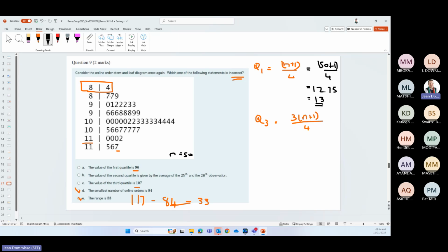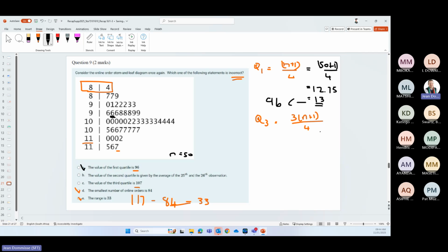So 1, 2, 3, 4, 5, 6, 7, 8, 9, 10, 11, 12, 13. That gives us number 96. The value of the first quartile is 96.